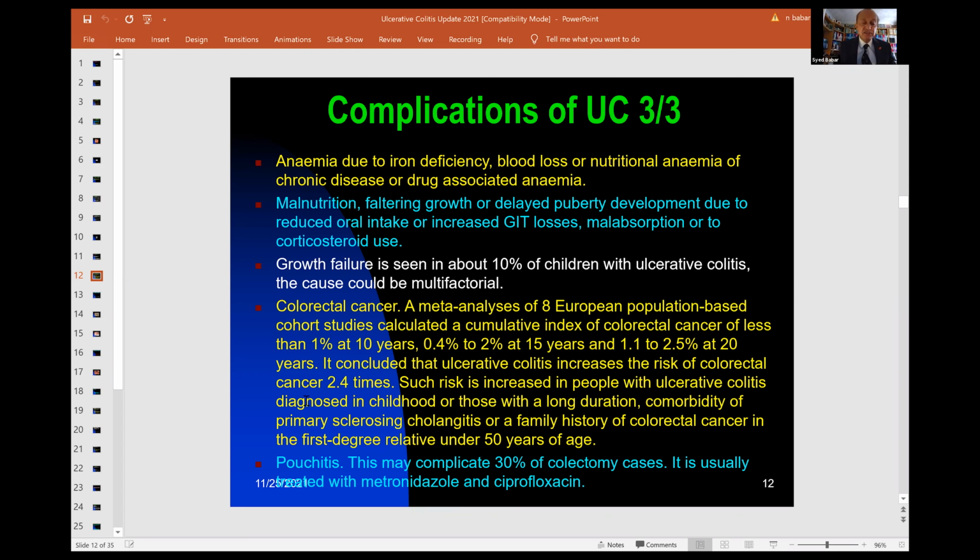And if such a loop or a pouch is created, then from time to time, the pouch itself becomes colonized by bacteria, gram-negative type, which would cause infection. And now, for some reason, it is called pouchitis. And this is amenable to antibiotics in respect of gram-negative bacteria.